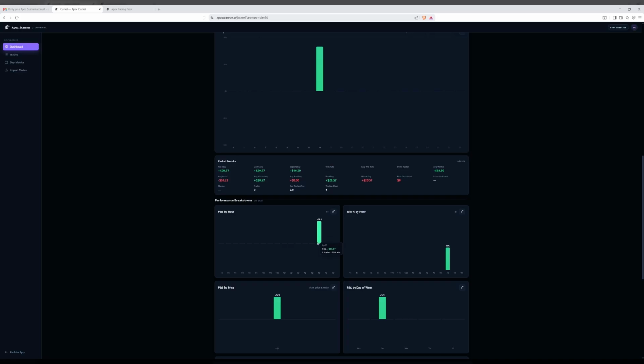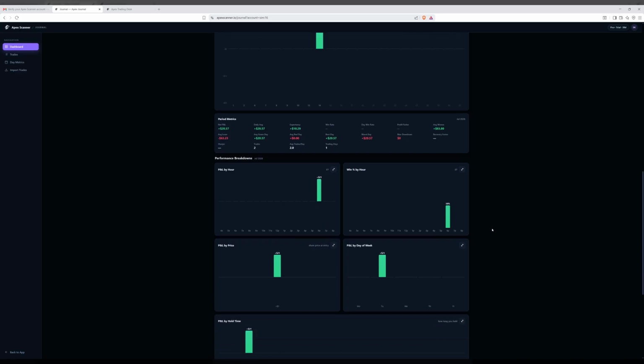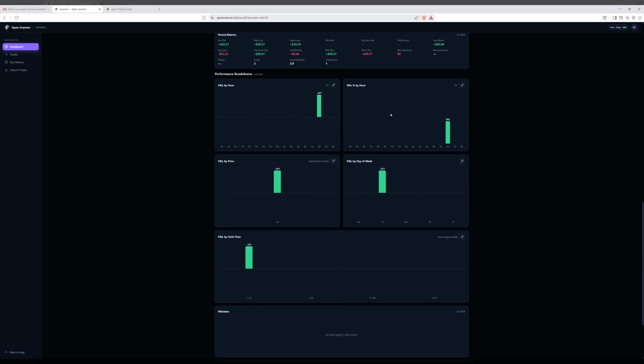Since this was taken at 6 p.m., this is where you see the $21 at 6 p.m. And win percentage is like what's your percentage of winners. So we had two trades, one was a winner, one was a loser. So you have a 50% chance of winning. So as you take more trades, this will get populated and it will serve as a better metric.